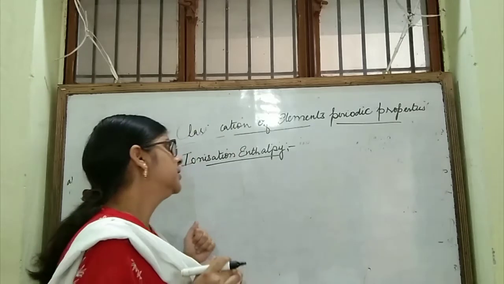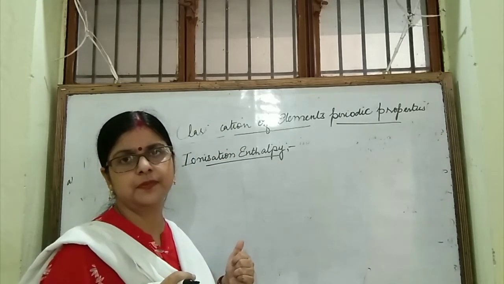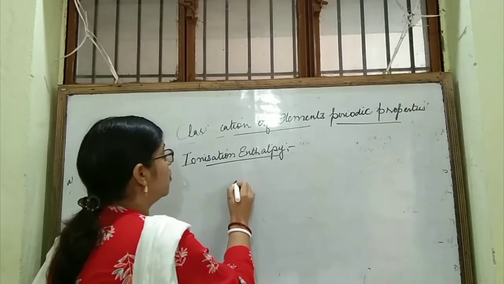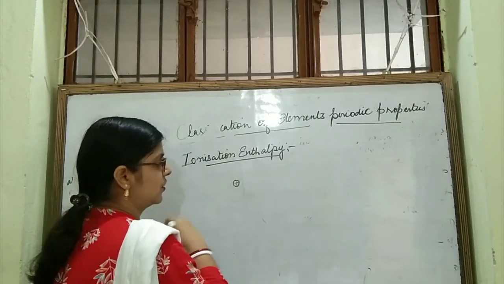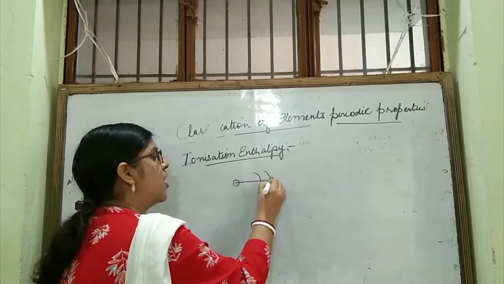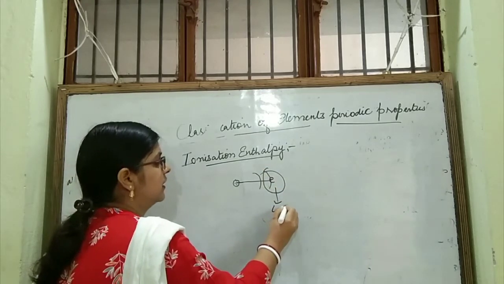When we talk about this ionization enthalpy, we have to understand the most loosely bound electron. The most loosely bound electron is the electron present in the valence shell or last shell.